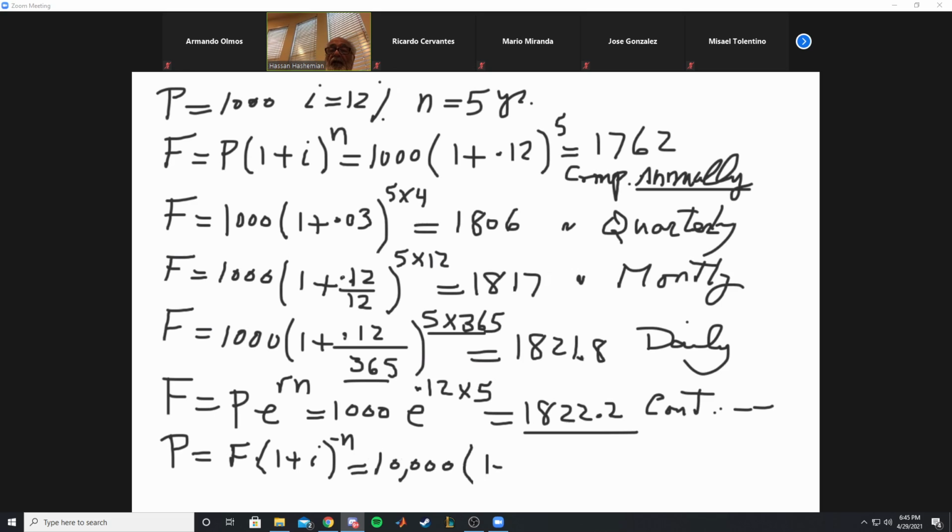So you have 1 plus 0.12, let's say annually, to the power of minus 5 years. That will be about $5,674. That's the amount that you have to put in your bank at 12% in order to get $10,000.